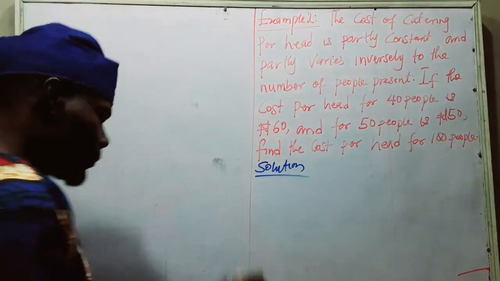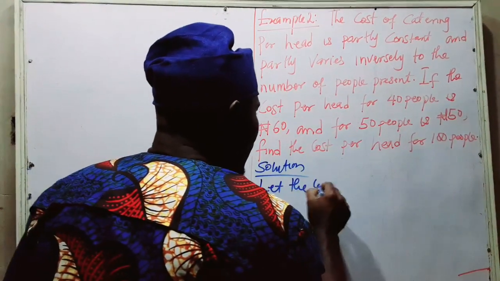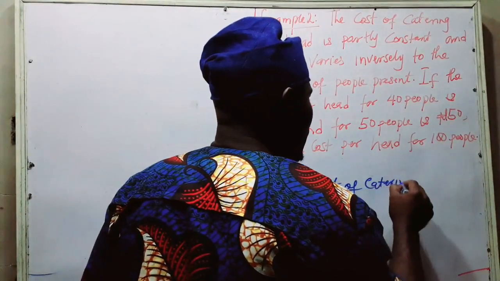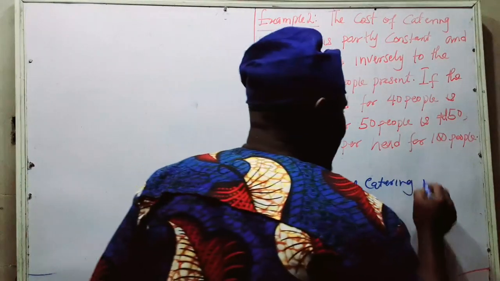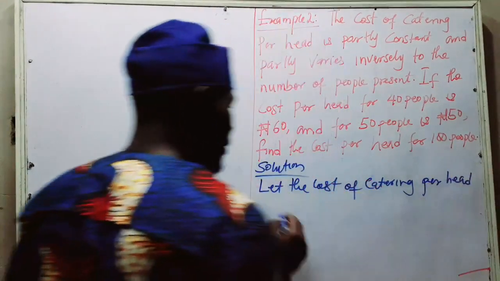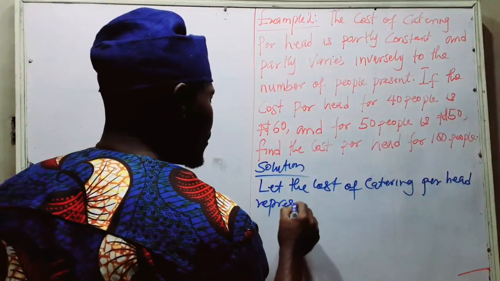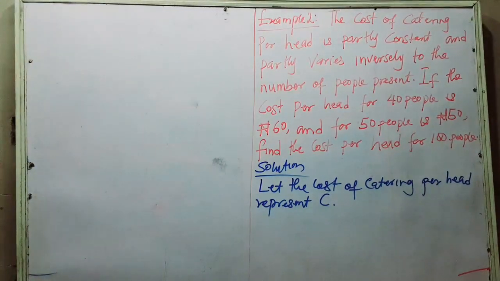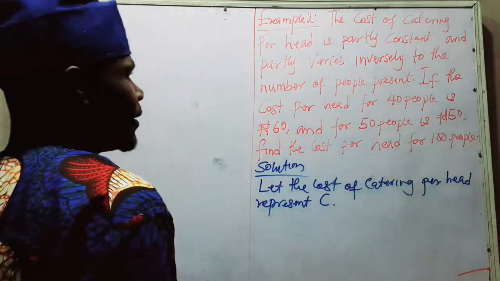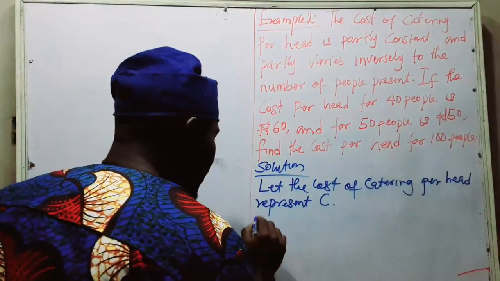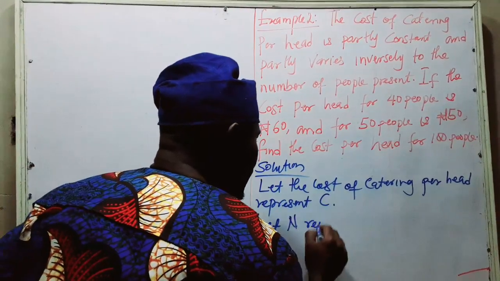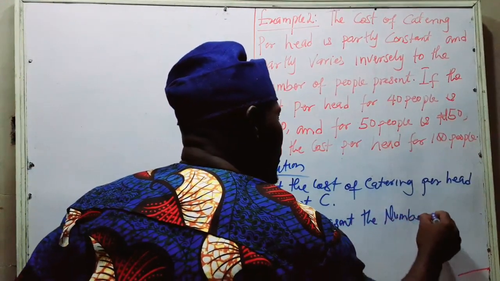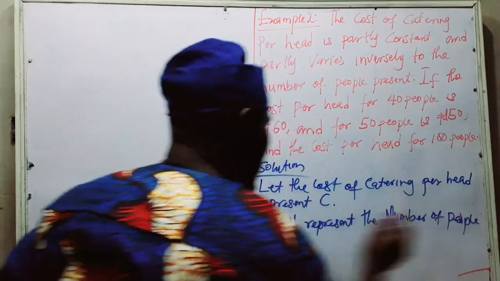Let the cost of catering per head represent C, and let L represent the number of people present.